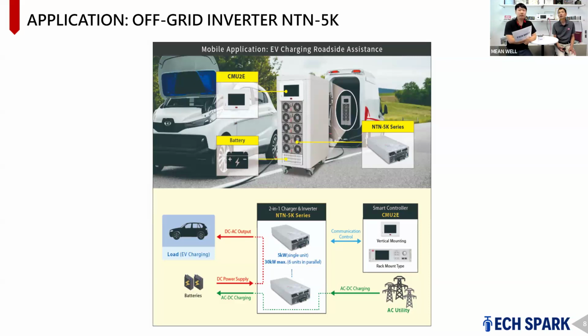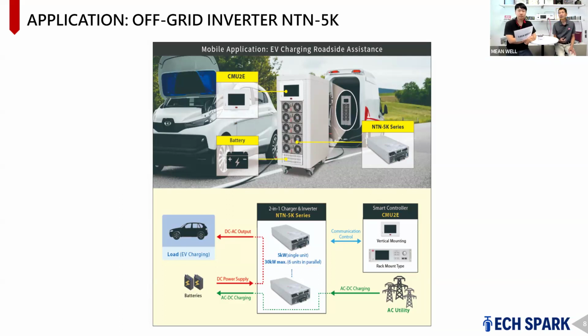I see. And that is enabled by the high voltage model of the NTN 5K, right? To have such high power density. Yes. The 48 volt can also charge at 25K as well. That's the purpose of why we designed this NTN with such a high charging current for this type of application.